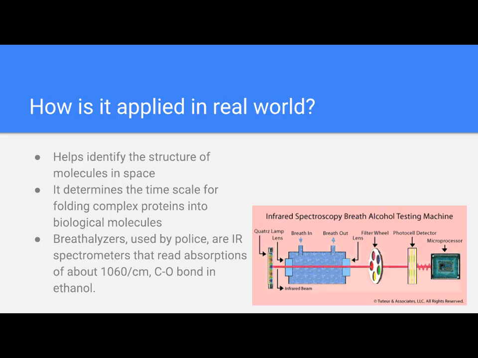In the real world, it's used to identify the structure of molecules in space, and it's used to determine the timescale for folding complex proteins into biological molecules.